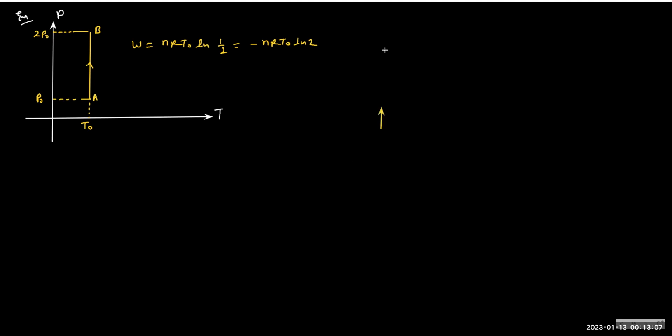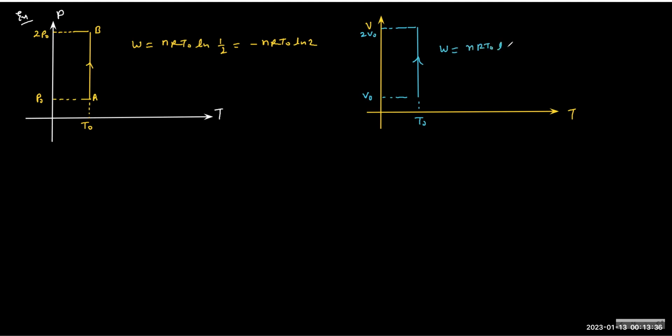So you know this answer, and how easy is this? Similarly, I can give you a question like this. If I give you a VT graph, a similar question, and if I draw an arrow like this, so what is the work in here? nRT ln 2.